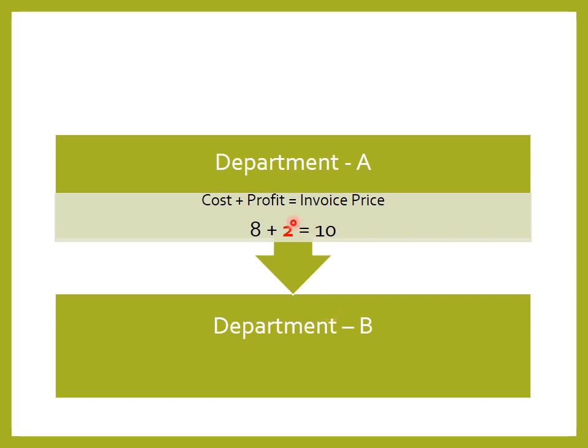So profit is not earned under such circumstances. Profit is said to be earned only when goods are sold to ultimate customers, that is outsiders. But A and B are two wings of the same organization, two hands of the same human body. So profit is said to be not earned. So it is called unrealized profit.